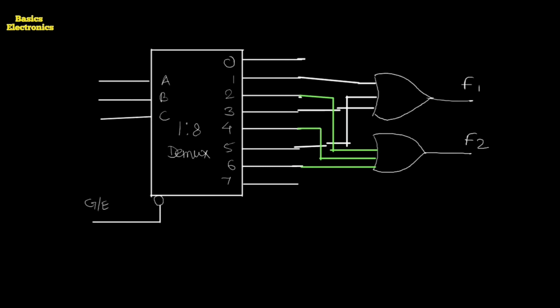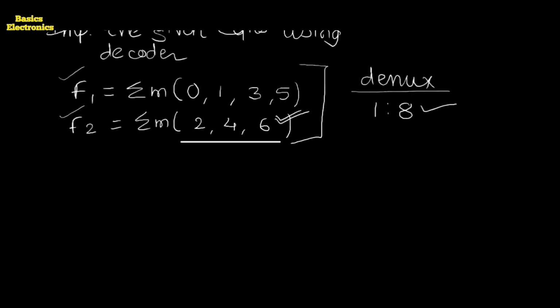If they mention there, implement the equation, it is the same. Suppose they mention there, implement the given logical equation using decoder IC having active low output. Then what we do? We follow the same procedure, just one change.